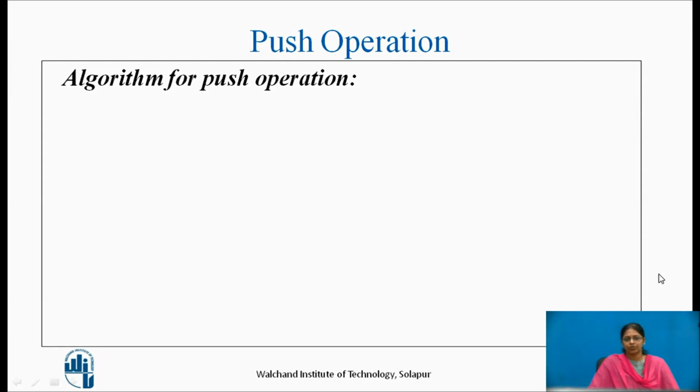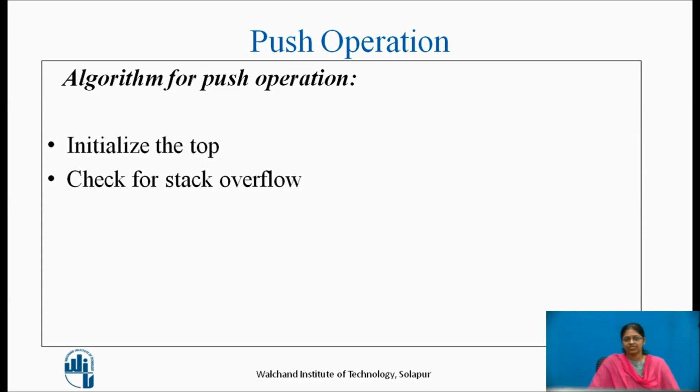Let us see the push operation. The push operation is nothing but the insertion of an element to the stack. For that we need to first initialize the top. The top is initialized to -1 in this case. Check for stack overflow. Stack overflow condition is when top is pointing to the max -1 condition, that indicates that the stack has been overflown.